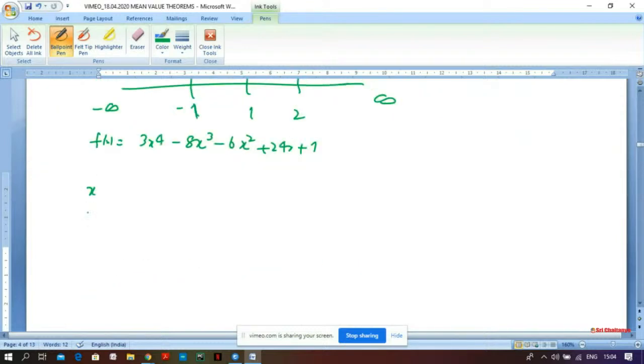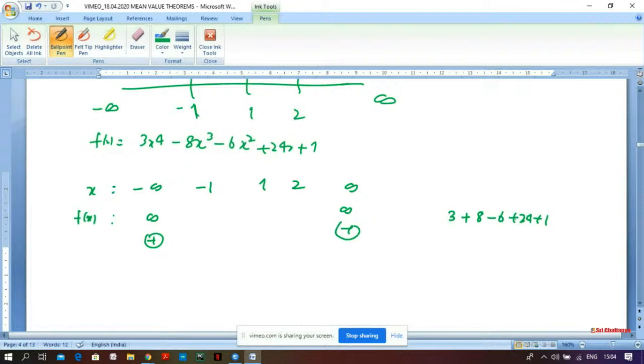So the values of x and then the values of f(x): negative infinity, negative 1, 1, and infinity. Here the value is infinity, here infinity. This is positive, positive. For f of negative 1, it is 3 plus 8 minus 6 minus 24 plus 1. I'm not interested in the value itself, all I need is the sign.